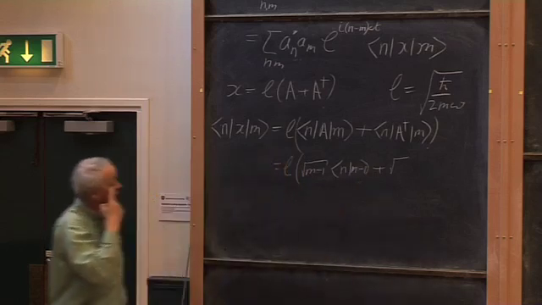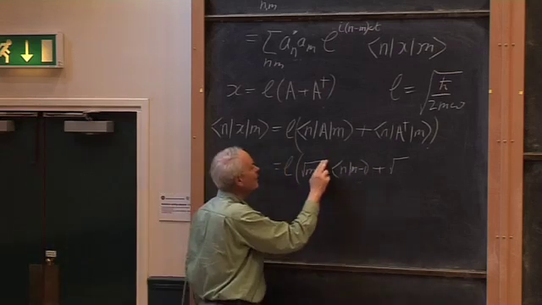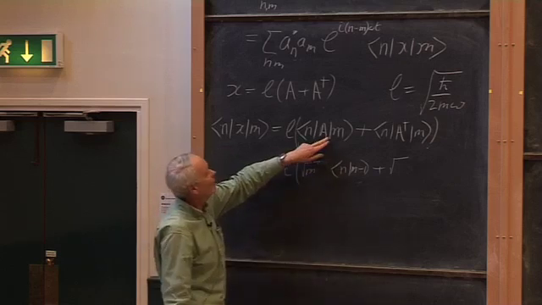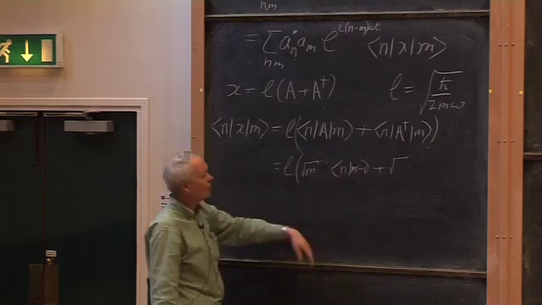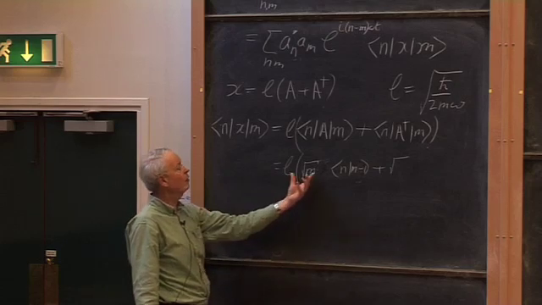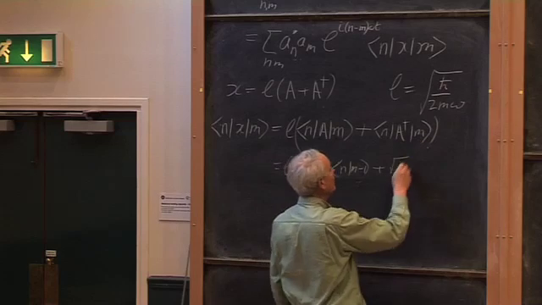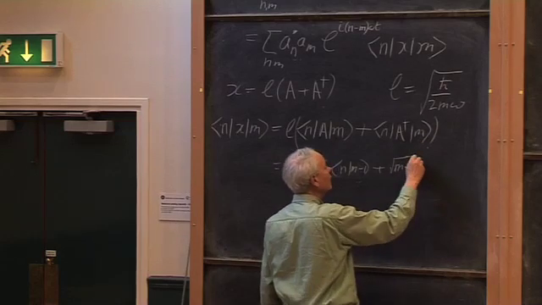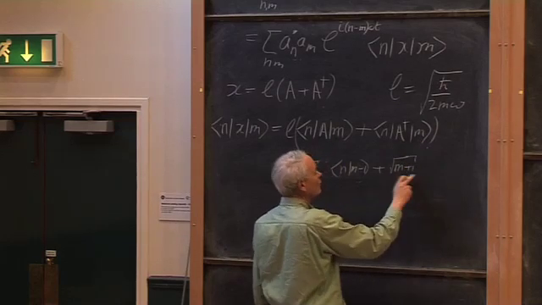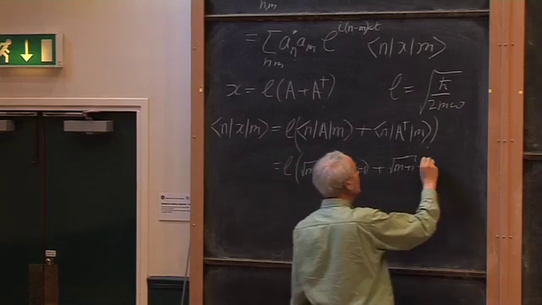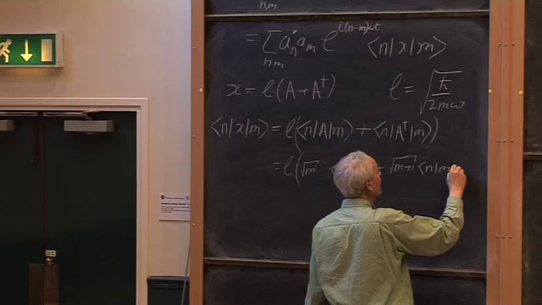A on m produces m minus 1. How much? The square root of the biggest integer that's involved, that's the square root of m. And a dagger is going to produce m plus 1, with the normalization which is the square root of the biggest number involved, which is m plus 1.